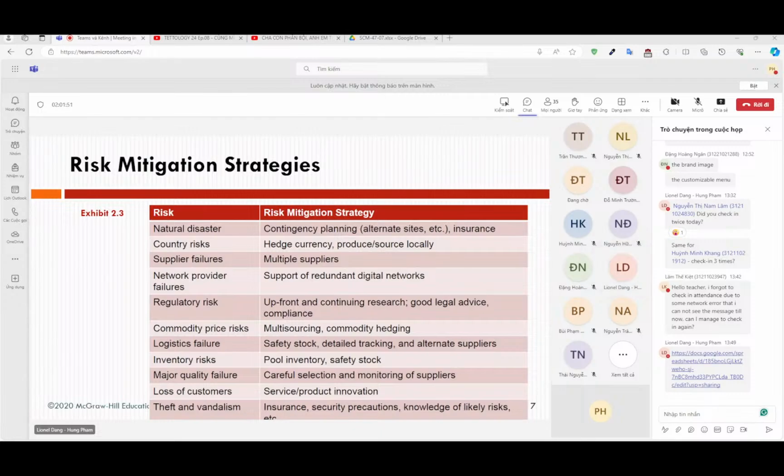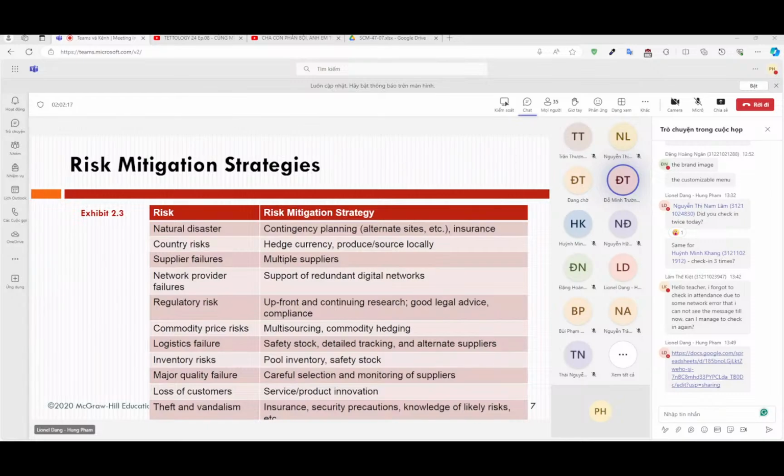Supply chains are complex and there are many potential risks. To understand the risks, we can see in the table that illustrates how to deal with the kind of risk that has a potential to occur to the supply chain.